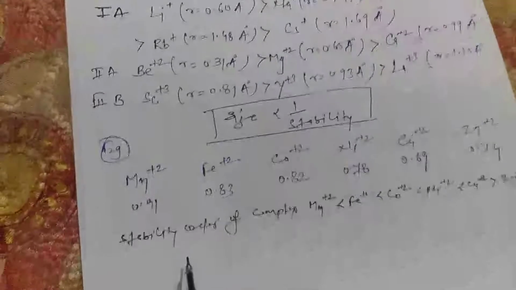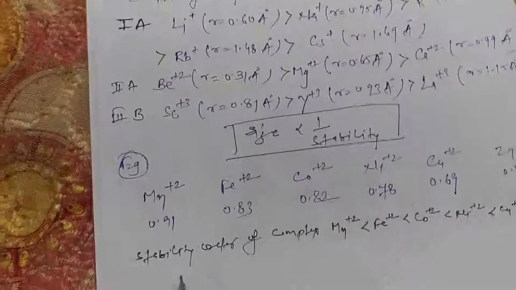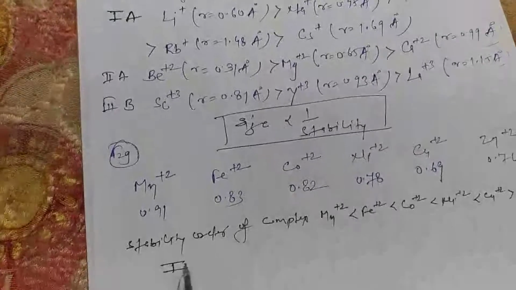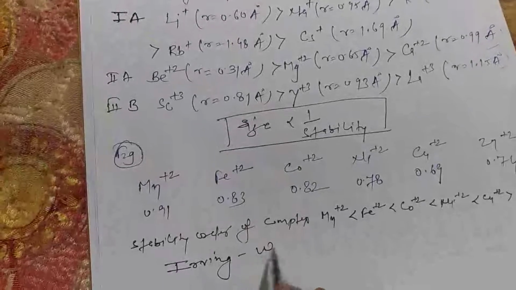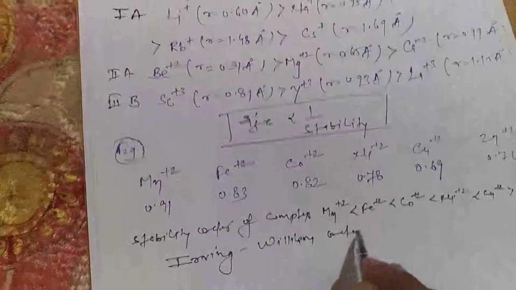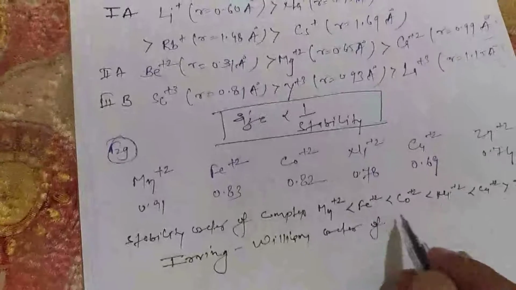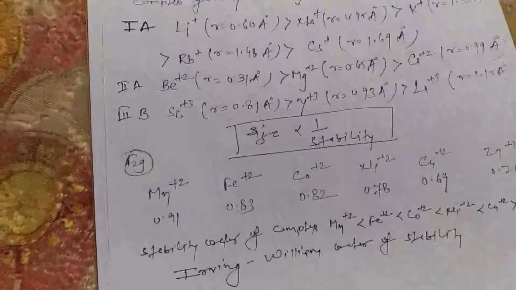So this is called the Irving-Williams order of stability, only for the d block, a point to be noted.